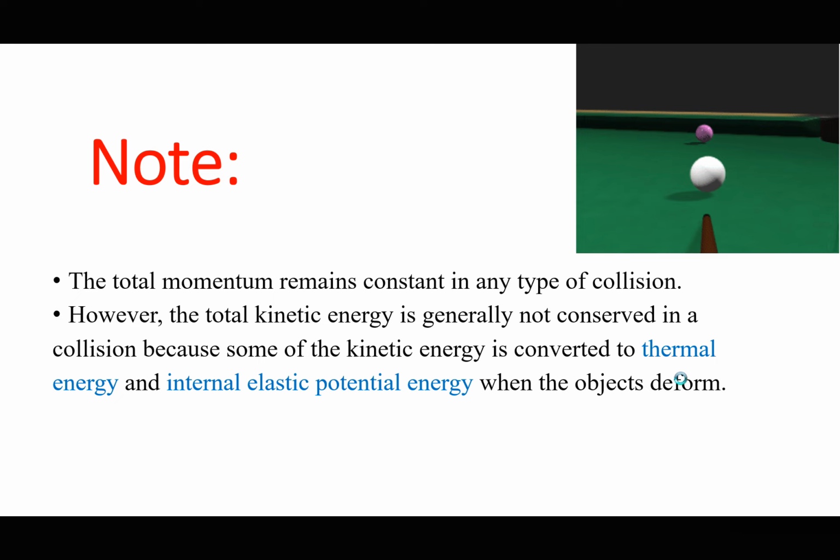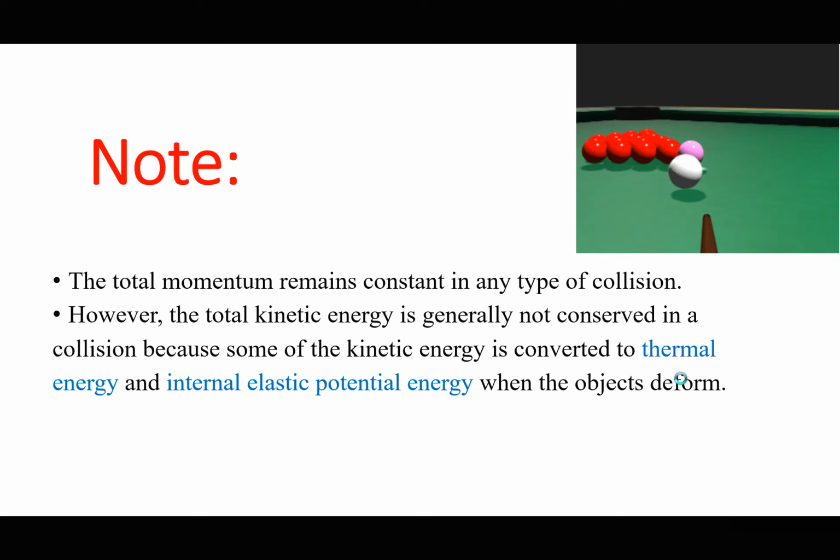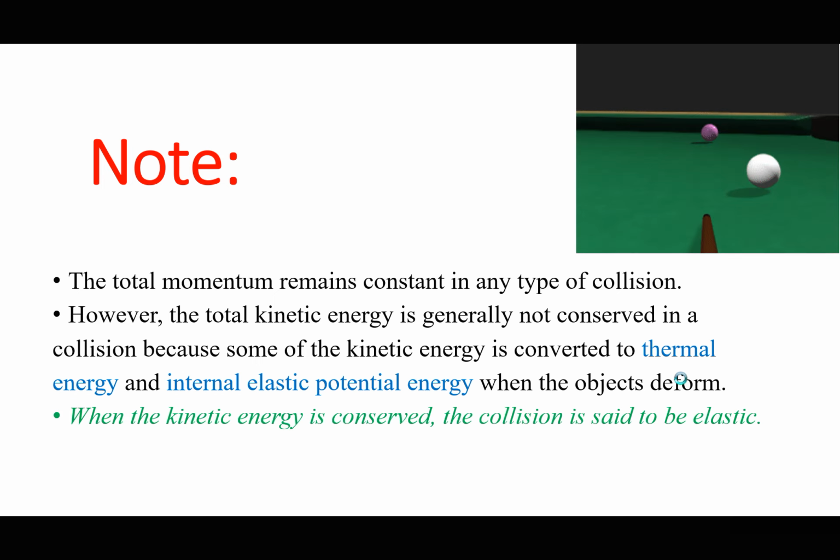However, total kinetic energy is generally not conserved in a collision, because some of the kinetic energy is converted to thermal energy and internal elastic potential energy, which is stored in the object. Whenever the kinetic energy is conserved, the collision is said to be elastic.